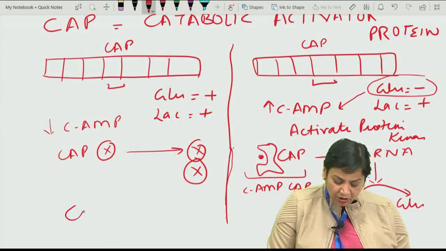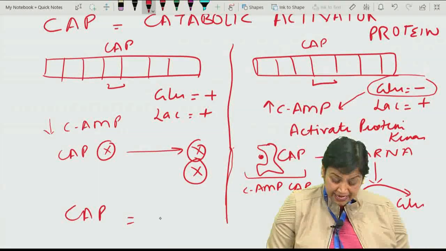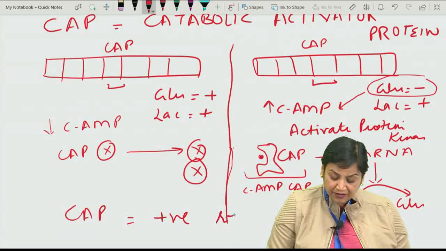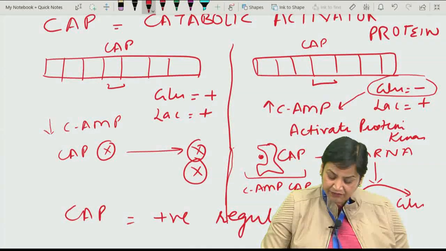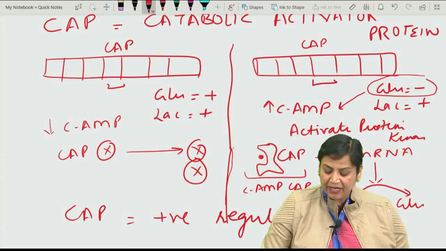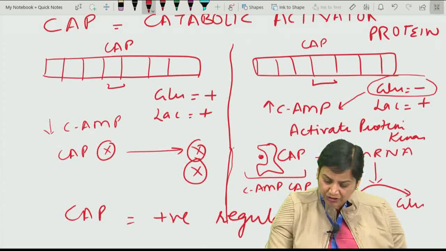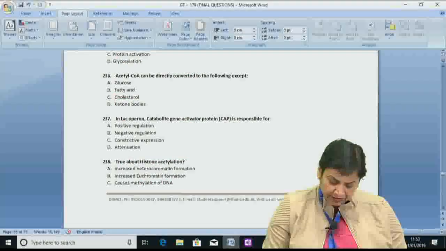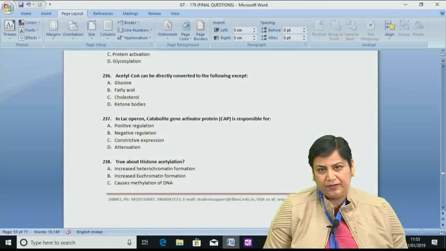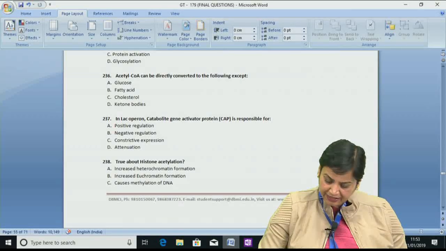So the function of this CAP is it acts as a positive regulator by binding with cyclic AMP, forming a complex. So the answer to this question is positive regulation.